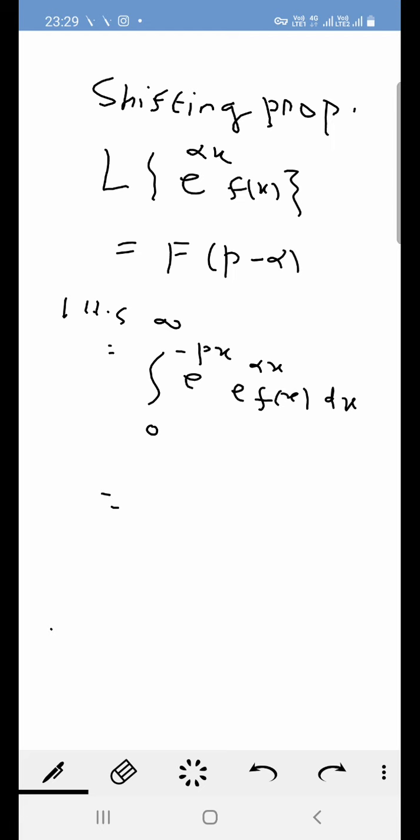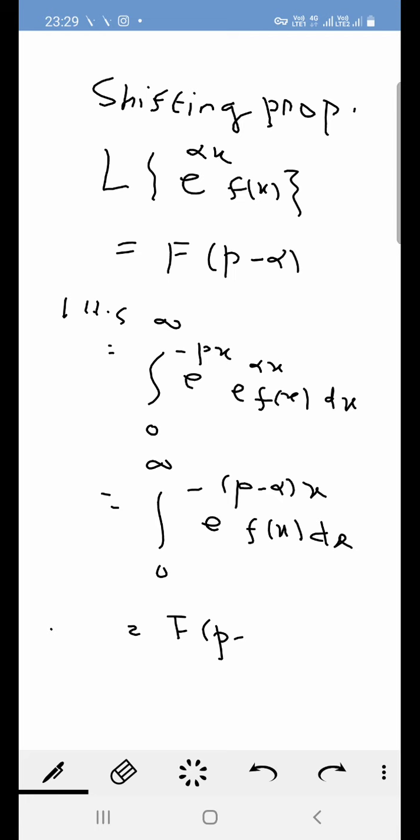So it will become the integral from 0 to infinity of e to the power minus (p minus alpha) x f(x) dx, and it is simply equal to F(p minus alpha). Now this shifting property can be used to find the inverse transform as well.